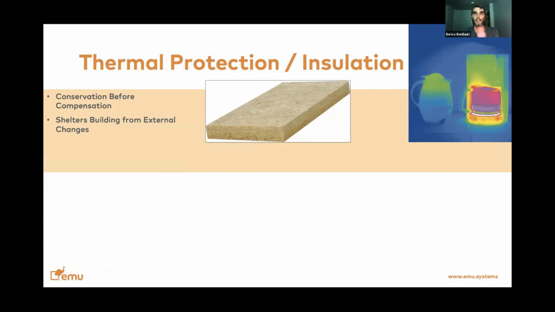And if you do that, then you're moving away from the very energy inefficient traditional coffee pot on the right-hand side of the infrared image, and you're moving more and more towards the thermos, the highly insulated, efficient thermos that maintains the temperature. If you have that kind of protection, not only is your building extremely more energy efficient and comfortable, but it also provides shelter to the occupants in extreme weather conditions.